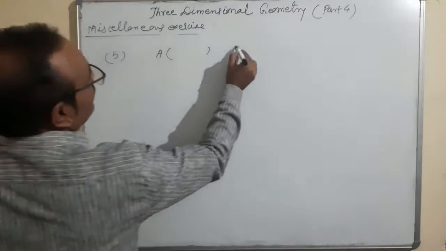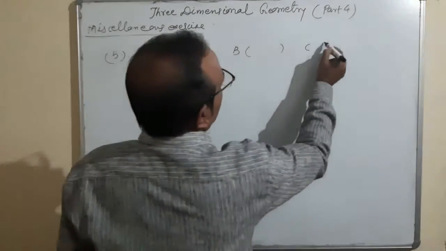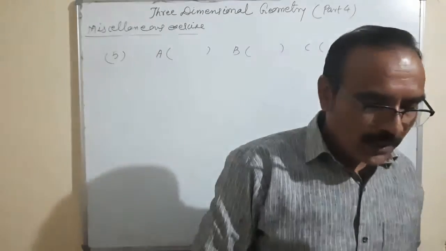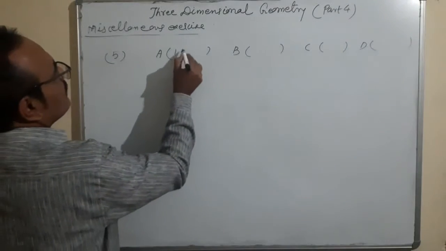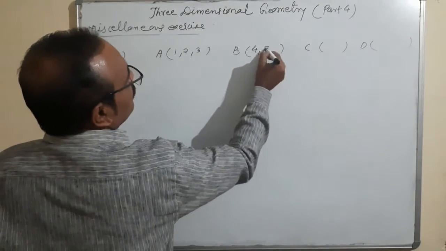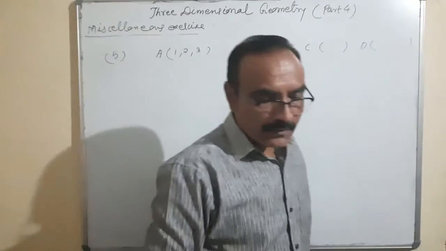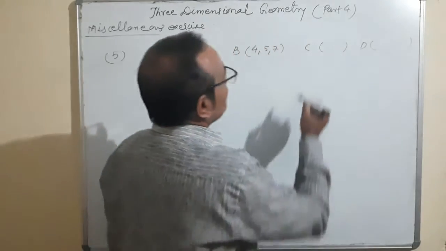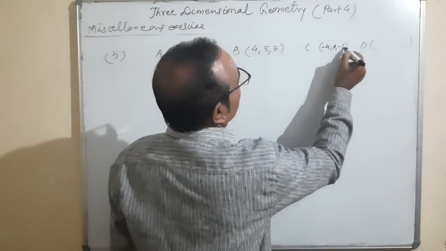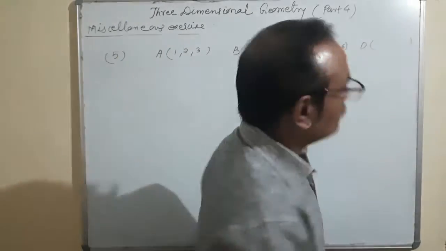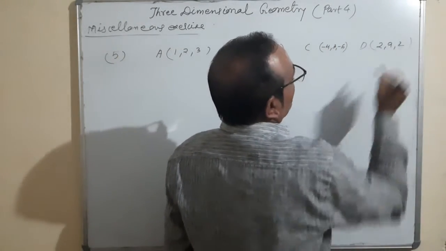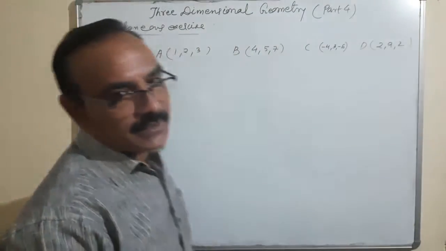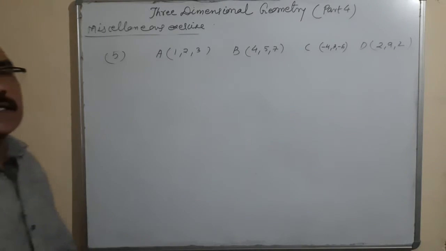Coordinates I am writing here: A is 1, 2, 3, B is 4, 5, 7, C is minus 4, 3, minus 6, and D is 2, 9, 2. Then find the angle between the lines AB and CD.